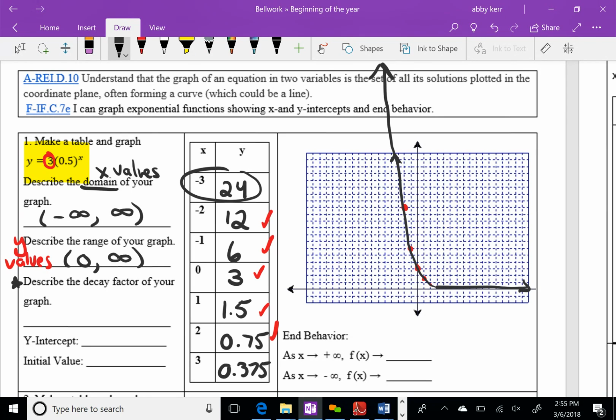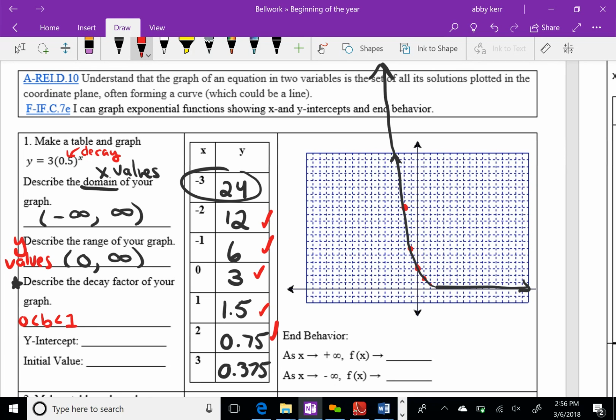Now here it says describe the decay factor. So you want to look back at your equation that I gave you. Our decay value is the base of our exponent. So this is decay because it is between 0 and 1. So for it to be a decay, our b value has to be between the value of 0 and the value of 1.